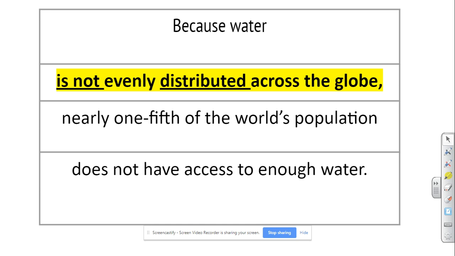Now let's take a look at the chunk is not evenly distributed across the globe. What does this chunk tell us about water? It tells us the amount of water is not the same in different places of the earth.